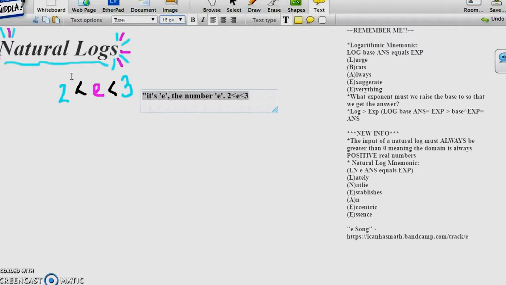Some people actually plug that into their natural log equations, but that's kind of excessive considering there is a button on the calculator, and if that button on the calculator is provided to you, most likely you're going to use it.